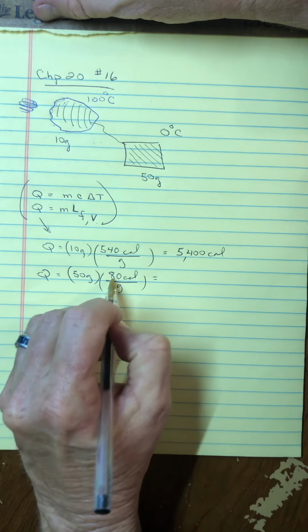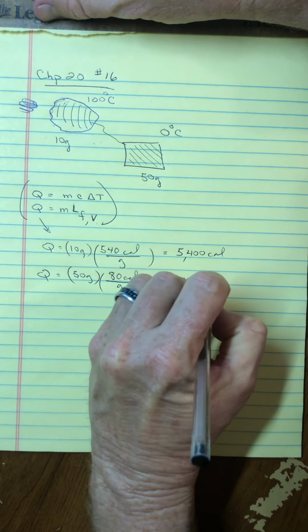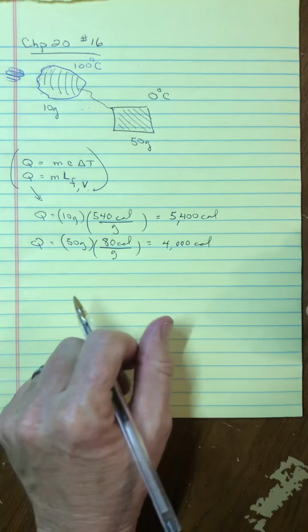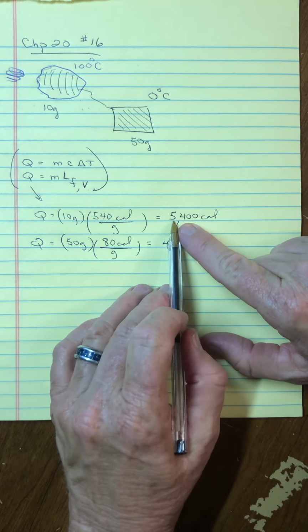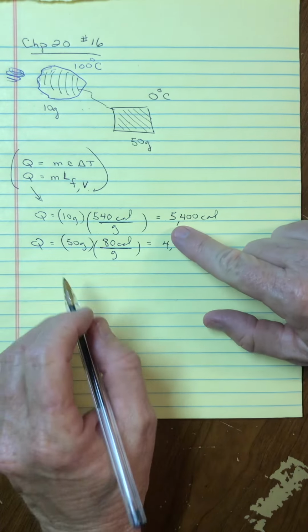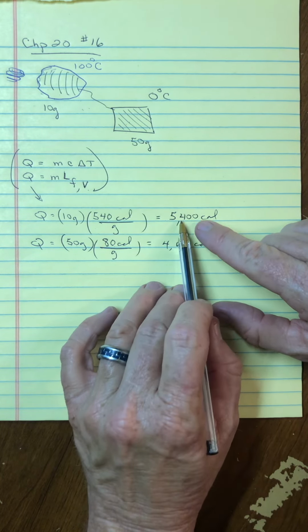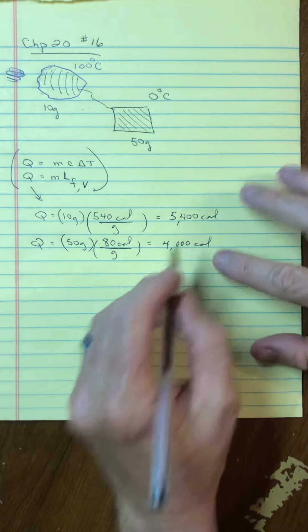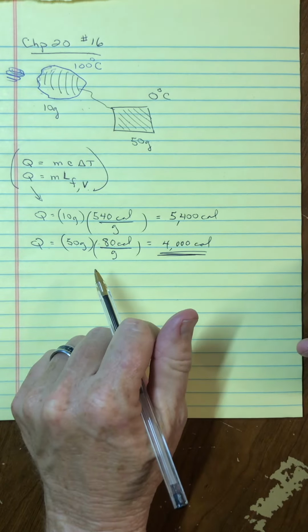And so 5 times 8 is 40, and then 2 more zeros. Now there is our good starting point. Notice then that as this begins to turn from a gas into a liquid, it will be melting the ice. And to melt all the ice only takes 4,000.